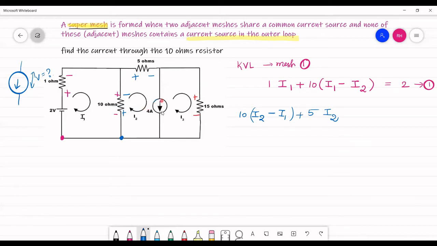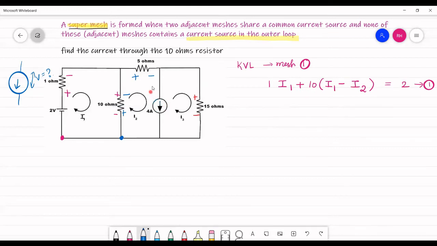But when you apply KVL, you are supposed to write the voltage. So we are not in a position to write the voltage equation because we have a current source. Similarly, you will have the same difficulty here when you try to write the equation. You will write 15 I3 plus, and then I will not know what to write.